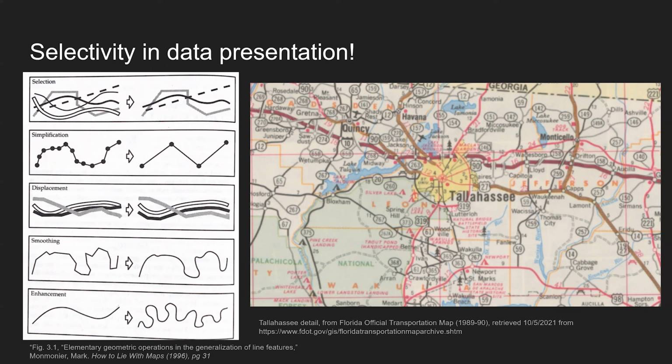And so there are details that are being hidden. But the point isn't to show the exact detail of where everything in Tallahassee is, like every single Indian restaurant in Tallahassee. The idea is to show roads and geographic features like lakes and forests and things like that. So that's the thing that you emphasize in this type of map.